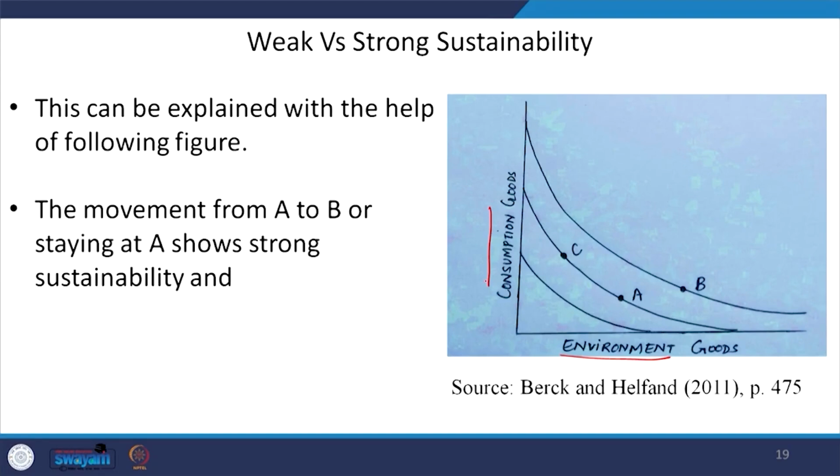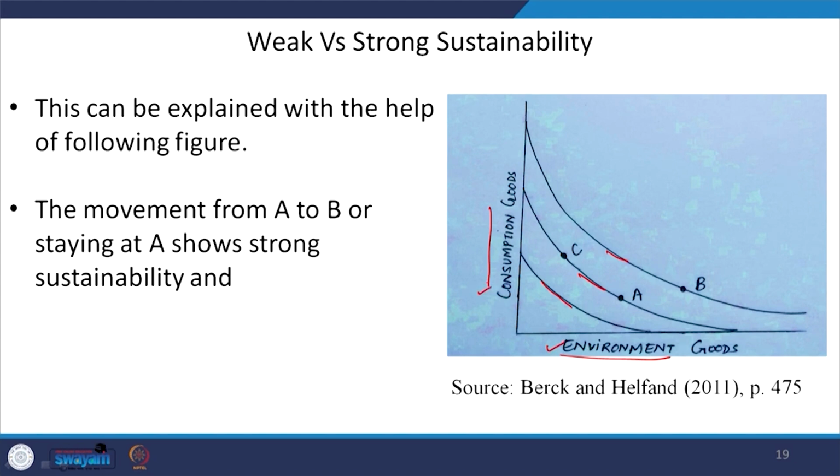These lines are indifference curves, all these lines are indifference curves, showing the preference of individuals for both of these goods.